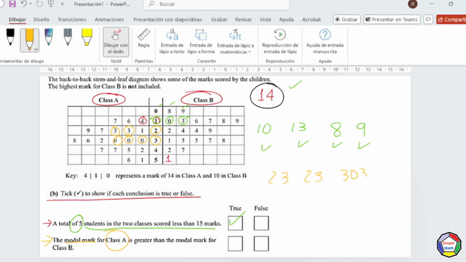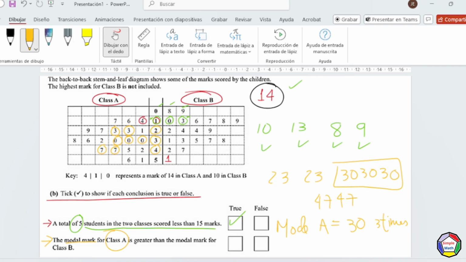The number 47 is 2 times. So in this case, the mode for class A is the number 30, 3 times.